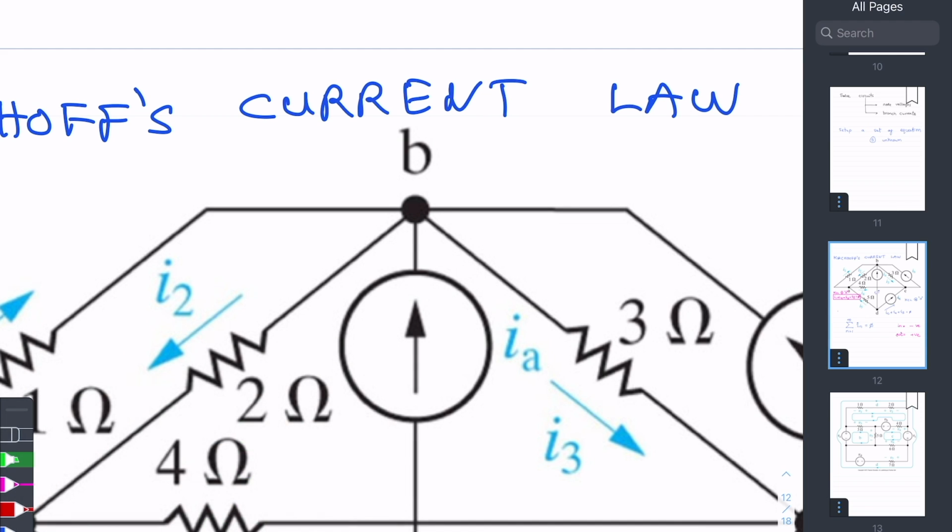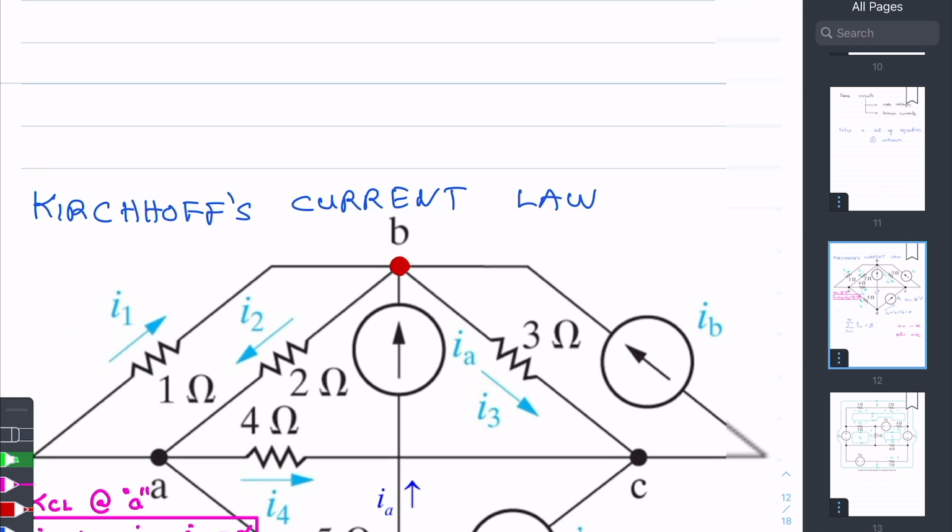The way I like to apply KCL without having to worry about sign is by summing currents that are leaving on one side of an equation and currents that are entering on the other side, and equating them. Let me show you what I mean.